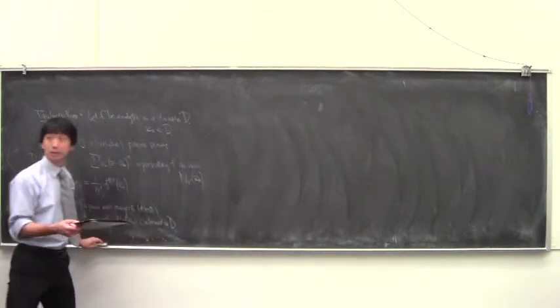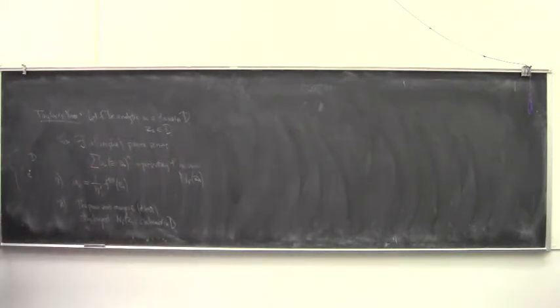If f is analytic over all of D, then doesn't the power series have to converge in all of D? Well, suppose you have something like this. Suppose your function fails to be analytic right here.